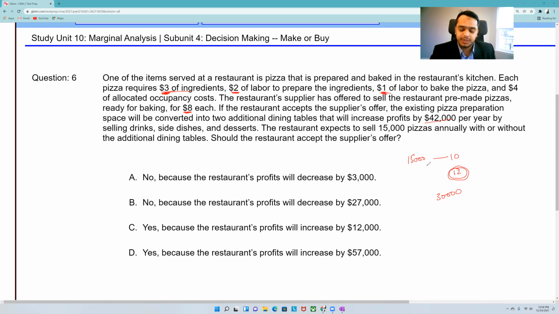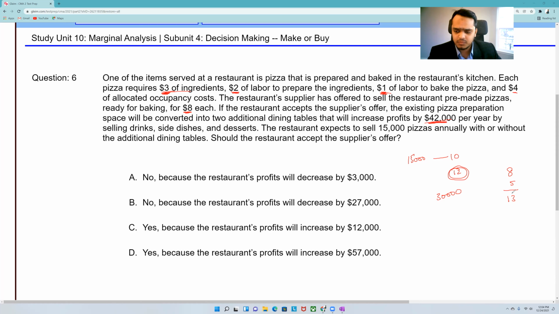Now suppose I'm accepting their offer to buy it at $8. If I buy it at $8, I'm still liable to pay $1 for baking and $4 for the occupancy cost. So 8 plus 5 equals 13. So 13 is my cost till now. And if my selling price is the same 12, I'm getting an additional 42,000 per year as an increase of profits, not revenue.